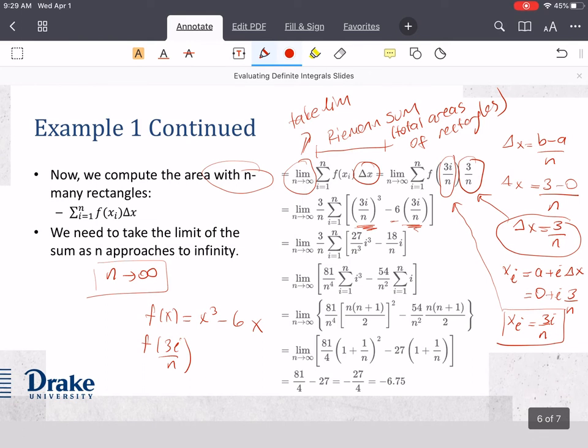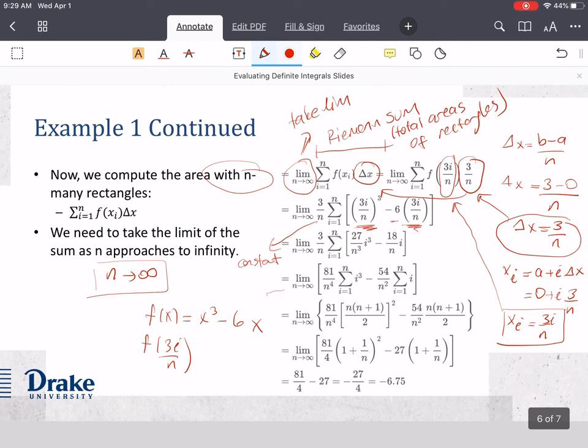And then what I did is I take out the 3 over n here because it's just a constant. So this is one of the rules that we learned earlier about the sums. So I just take out 3 over n. Inside, you basically do some simplifications. So you cube the 3, 27, cube the n, n cubed, i cubed, minus, put the 6 inside, so 18 over n times i.